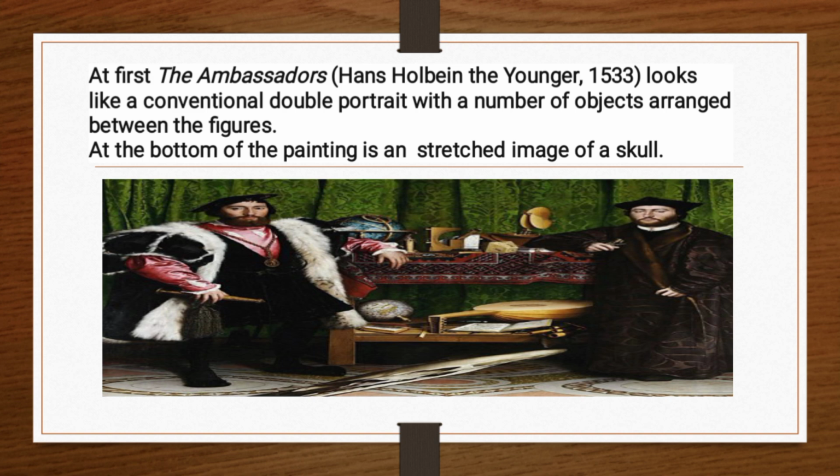Now you tend to look and ask, okay, what is this skull doing here? Why is it being stretched out? A lot of thinking really pops out of your mind. Why is the image being doubled? Why is the room arranged in this format? And why is it that the artist tends to even stretch out the image of a skull?